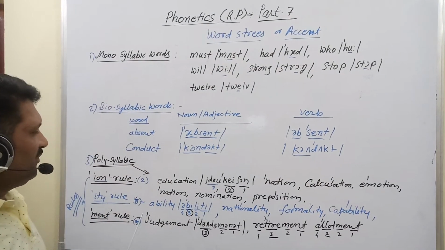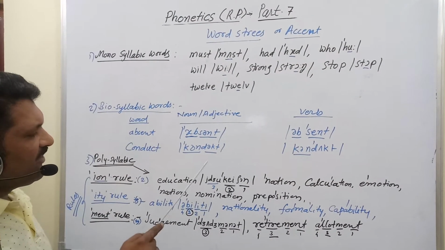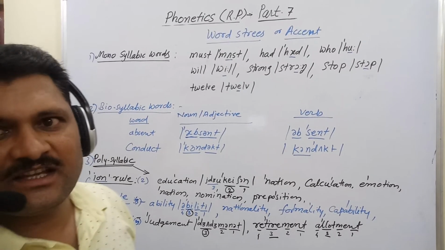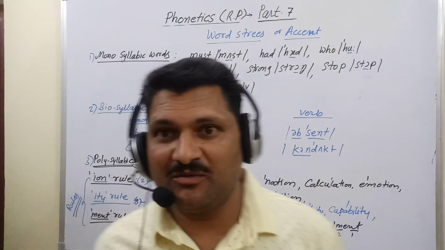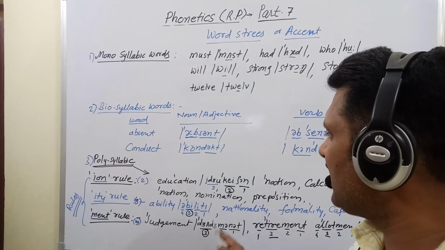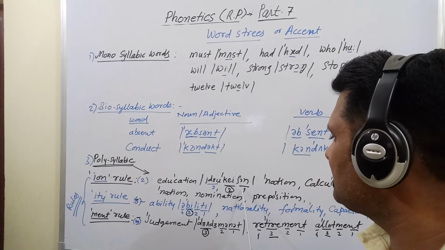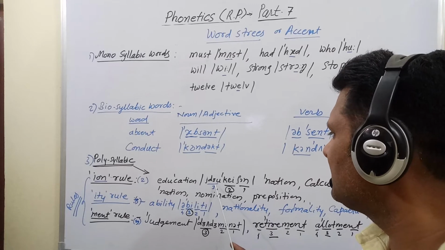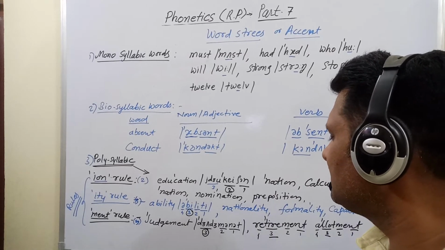The ION rule. When a word ends with ION, the stress always goes on the second syllable from the last. Not from the first but from the last. Here, education. Here shun is the first syllable from the last, ca is the second from the last, and ju is the third from the last.